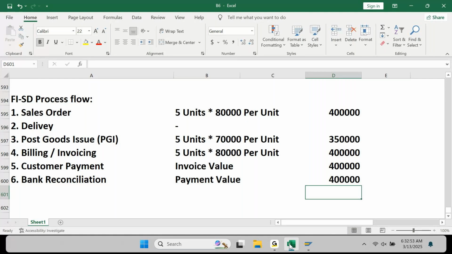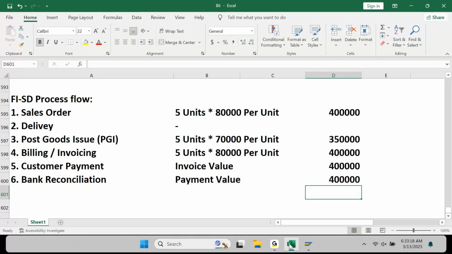Now we need to make sure, whenever you are trying to understand any point in FI-SD integration, are you showing the profit anywhere here? No, sir. There is no profit directly booked in any of your accounting entries, and tomorrow you will be questioned how the system recognizes the profit during your sales cycle.